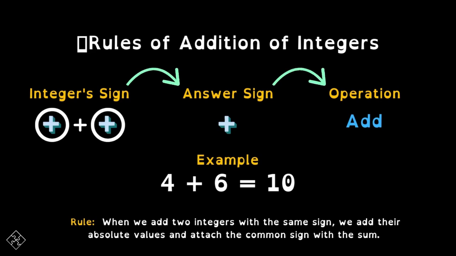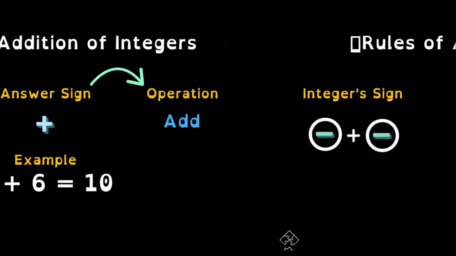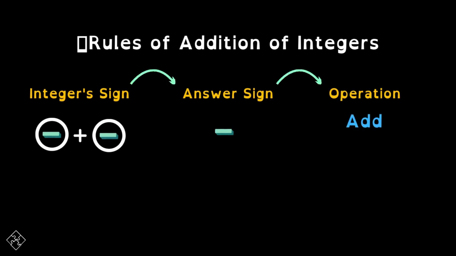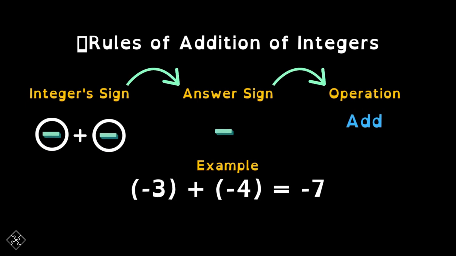Next, let's try more. Ito naman, yung pangalawa is the integer sign na negative, negative. Kapag pinag-add natin yung negative sa negative, the answer sign is a negative. Ang operation na gagamitin natin since parehas po ang sign from the rule is addition. So for example, we have negative 3 plus negative 4.